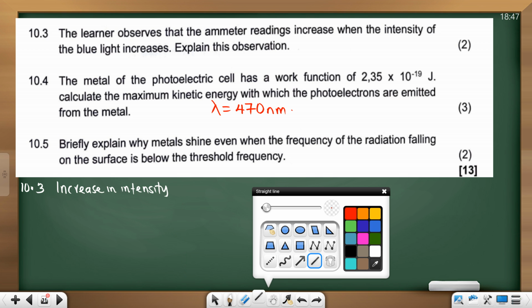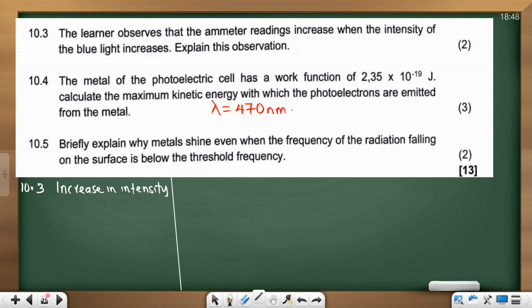Let me break it down. I want to squeeze everything in here. Increase in intensity means more photons are incident.